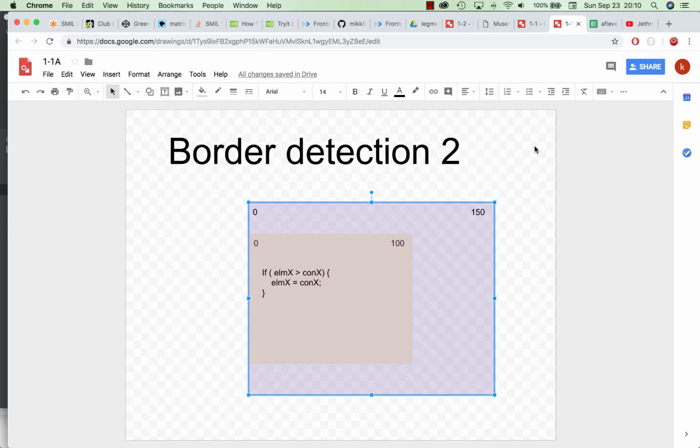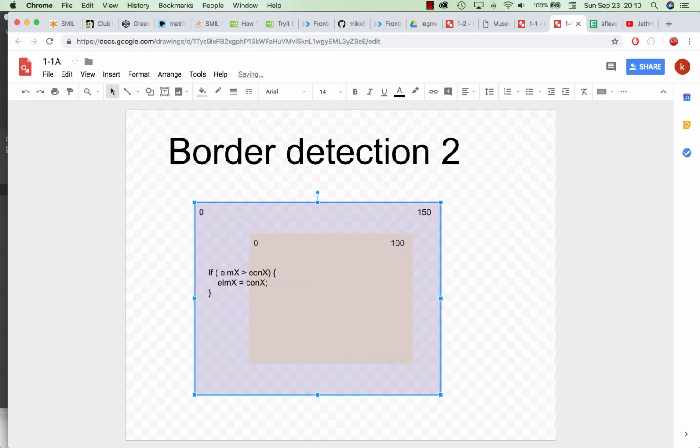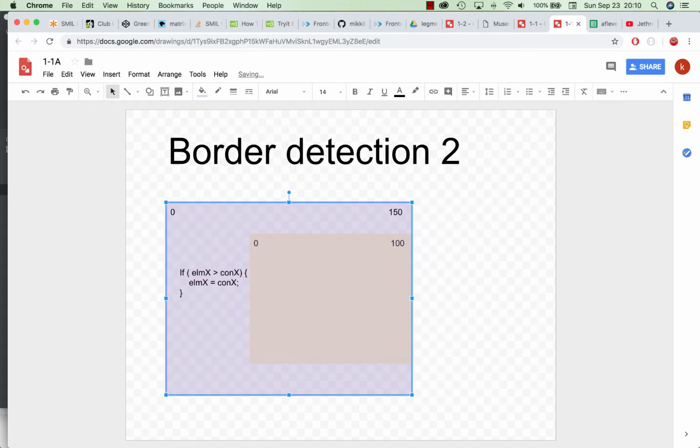Now let's try to have a look at the right side border. If we're moving the element towards the left, what we're trying to avoid is this. So we want to reposition it here if that happens. And where is that? We can actually read that the left position should be around -50.